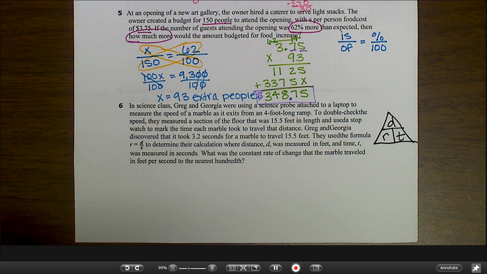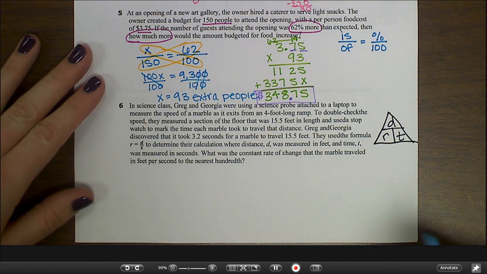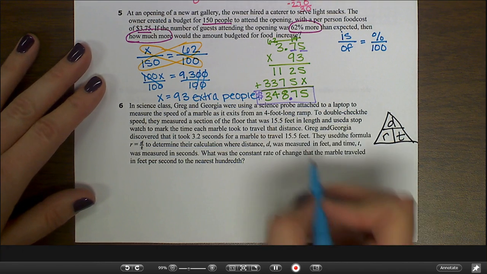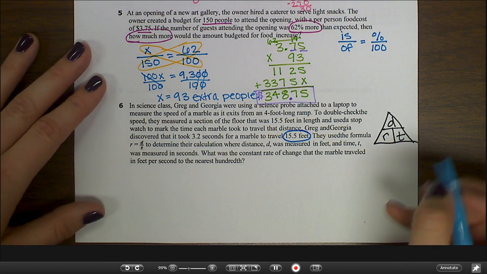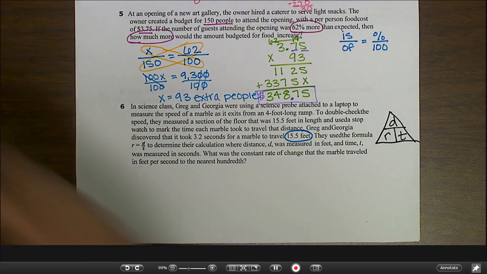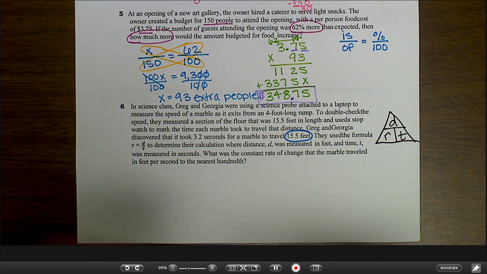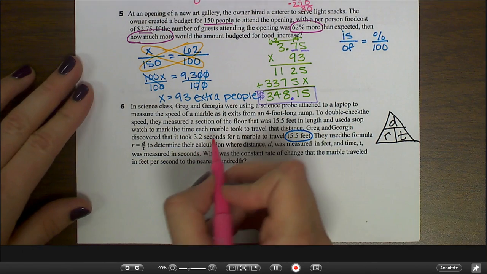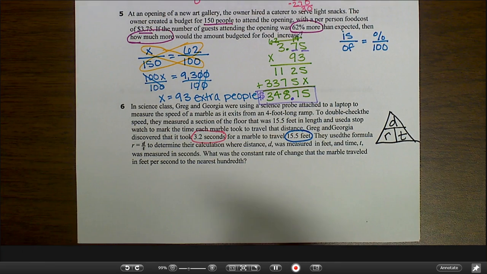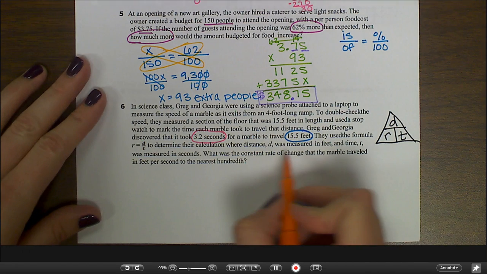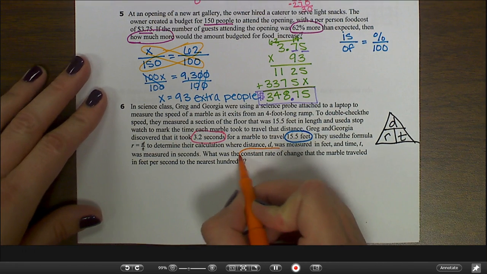And then I'm going to look at my problem and go ahead and circle what I know. So I know that the distance is 15 5/10 feet. I know that the time is 3 2/10 seconds, and I know that it's asking me for the rate, the constant rate of change.